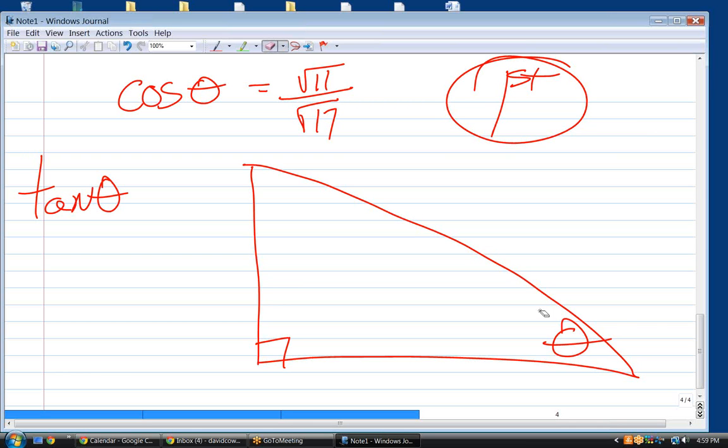In other words, if I don't put that in there, I have nowhere to begin. So you have to put in theta. Okay, now dimension the triangle for me. So then the adjacent side is the square root of 11, and then the hypotenuse is square root of 17. So what's this side?